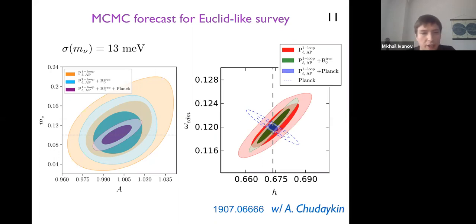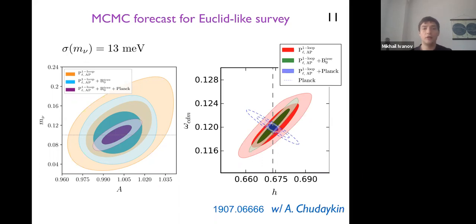So here on the left plot, I'm showing you the posterior distribution of the neutrino mass versus the amplitude of the primordial power spectrum, which are two very degenerate parameters. However, with the future surveys using only the power spectrum data alone, you'll be able to break this degeneracy and measure the neutrino mass to a precision of about 30 milli-electron volts from the power spectrum shape alone.